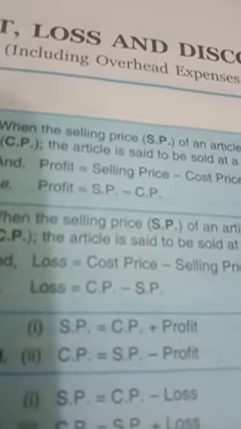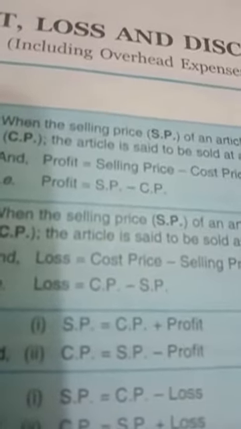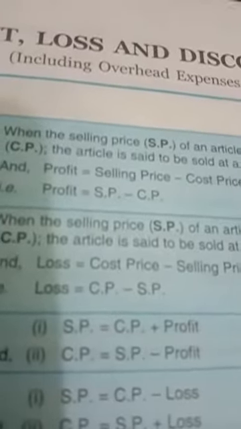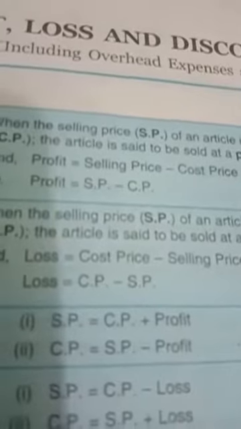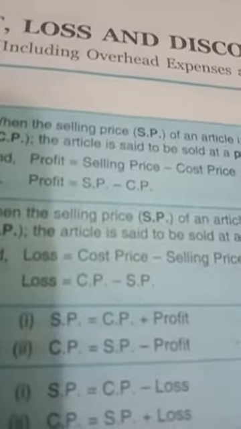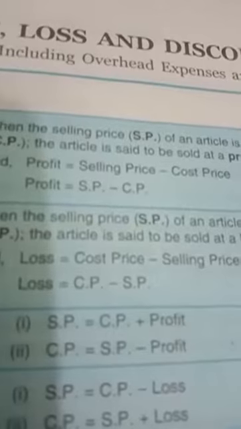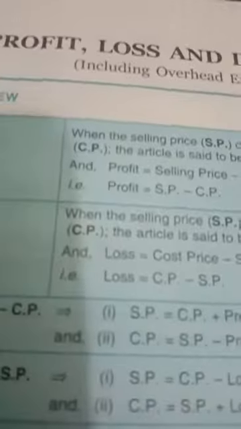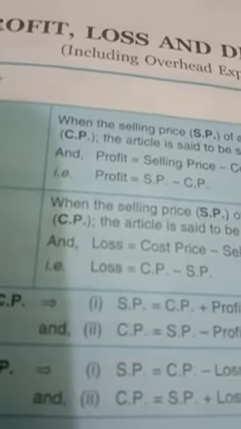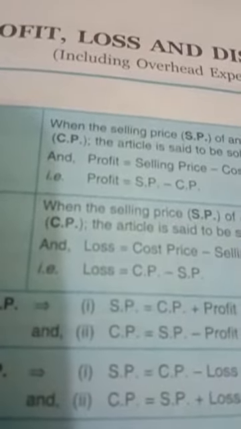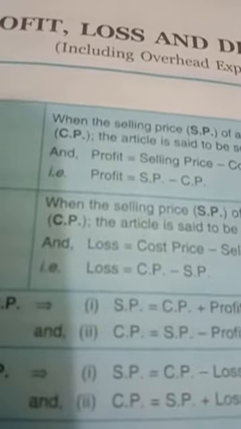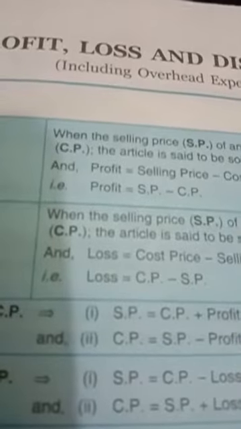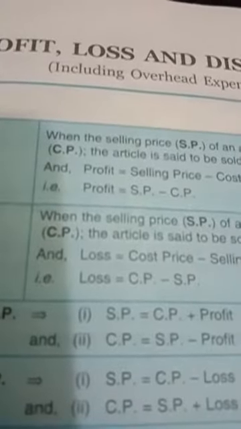Cost price means the price at which an article is purchased, or an article is bought. In Malayalam it is വിറ്റ വില and വാങ്ങിയ വില. CP means the cost at which an article is purchased, that is, നമ്മൾ വാങ്ങണ വില.